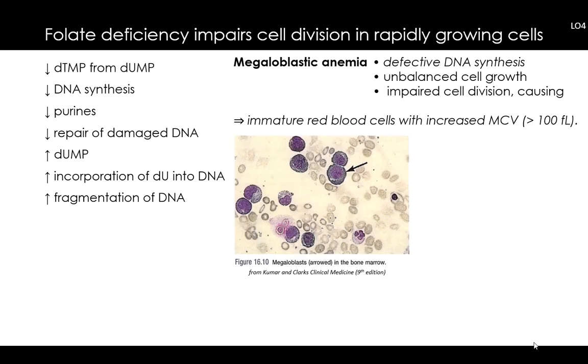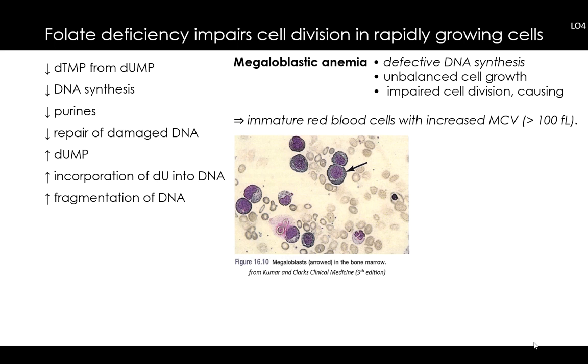The classic clinical presentation of folate deficiency, as well as that of vitamin B12 deficiency, because it creates a functional folate deficiency, as I will explain shortly, is megaloblastic anemia. In megaloblastic anemia, defective DNA synthesis leads to unbalanced cell growth and impaired cell division, causing bone marrow to produce unusually large, structurally abnormal, immature red blood cells, as shown below.